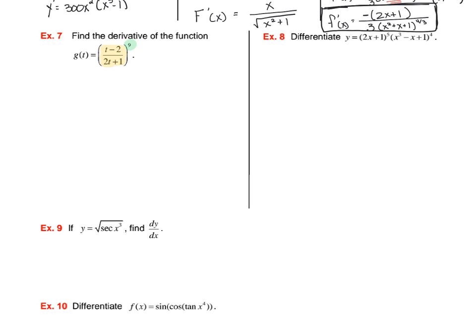So when I do this, g prime of t, first would be my power rule, 9, and then (t minus 2) over (2t plus 1) to the 8th. This guy right here stays exactly the same, and I just did the power rule. Then I multiply it times the derivative of the inside. And so remember, we have to do a quotient rule on this.